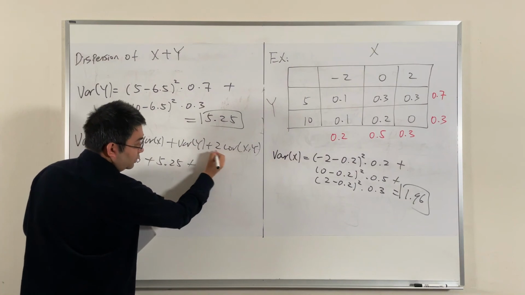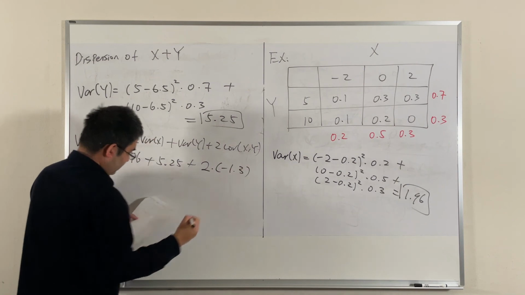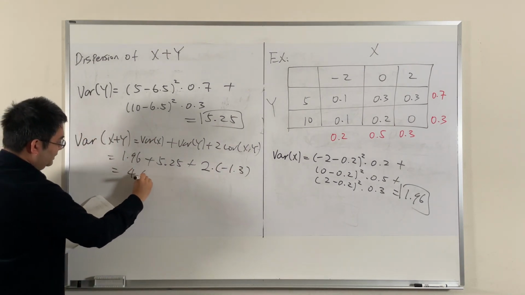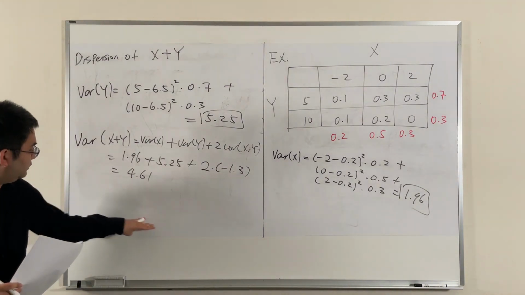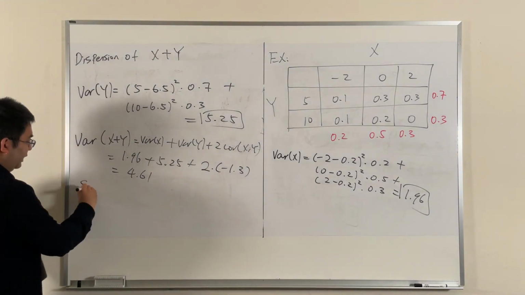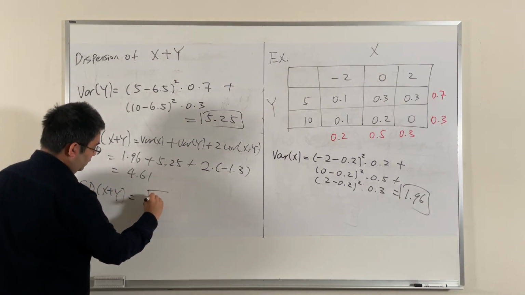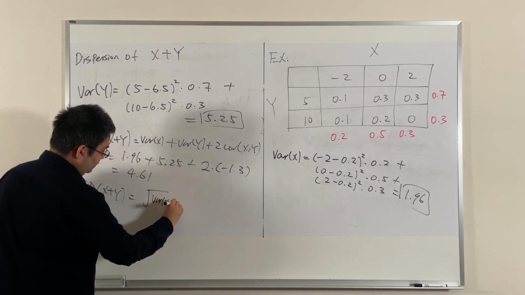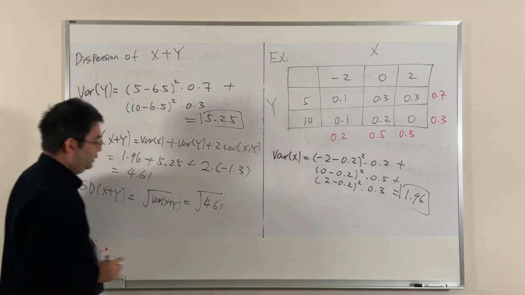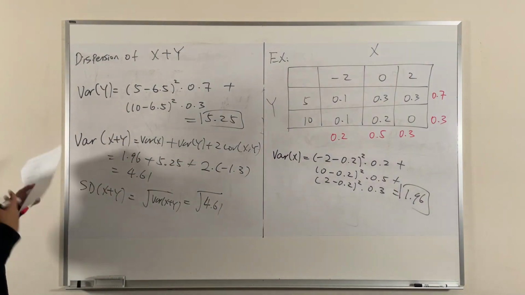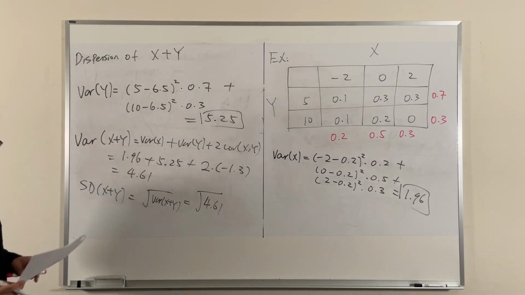But don't forget the 2 here, it's important. 2 times negative 1.3, and that equals 4.61. That's the variance of x plus y. Next, for the standard deviation of x plus y, all you need to do is take the square root of the variance of x plus y, in this case the square root of 4.61. And this is how you calculate the variance of the addition of 2 random variables.